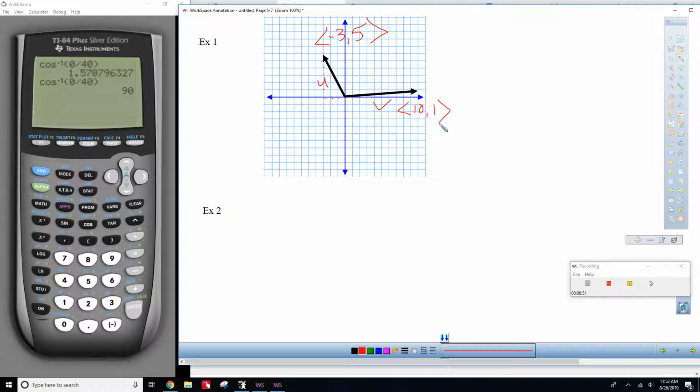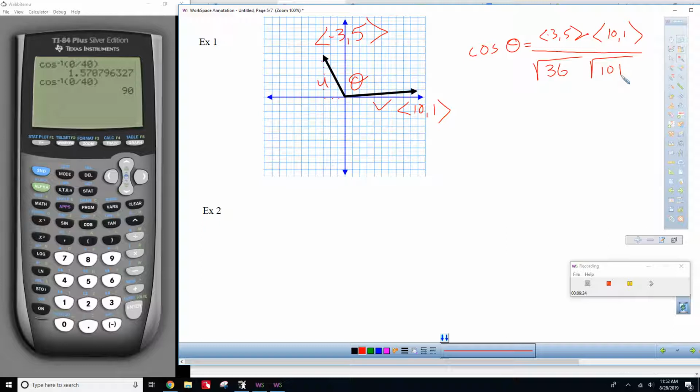Okay, so if you wanted to find the angle between those two vectors, cosine of theta is negative 3, 5 dot 10, 1 over radical 9 plus 25, 36 times radical 100 plus 1.